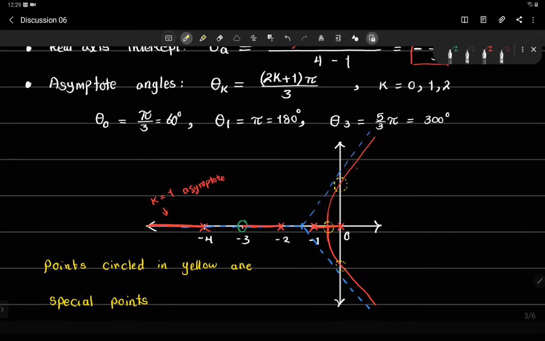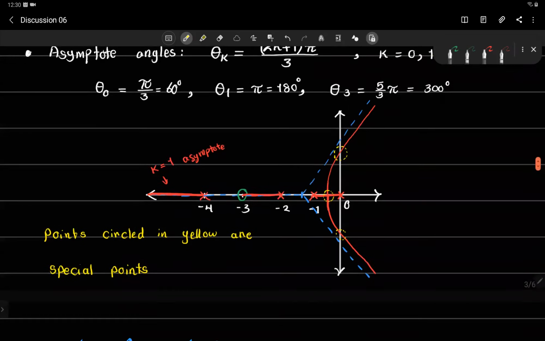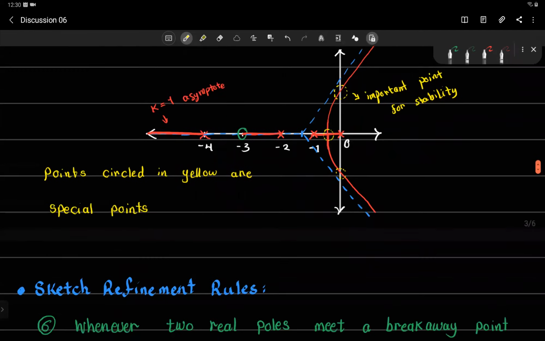And as we increase k beyond this critical value, the system will become unstable, okay? And so this is an important point for stability. And so we would surely be interested to know for which k the root locus crosses the imaginary axis and thus the system becomes unstable, okay?